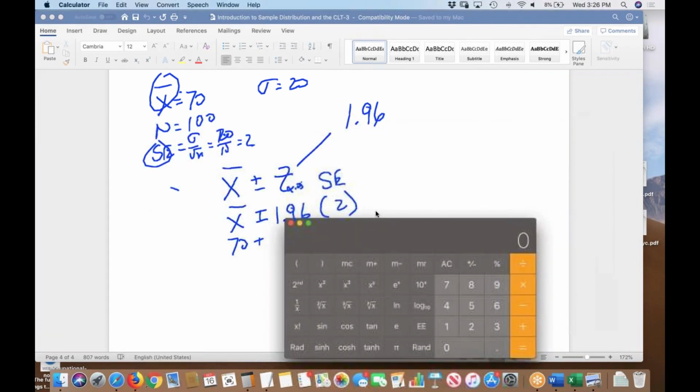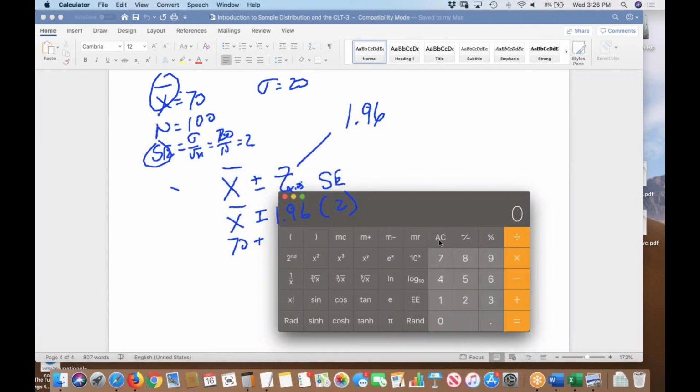Okay, so 1.96 times 2 is equal to that. No, excuse me, mistake. That was 1.96 times the standard error of 2, and that was my answer already. There it is, 3.92.